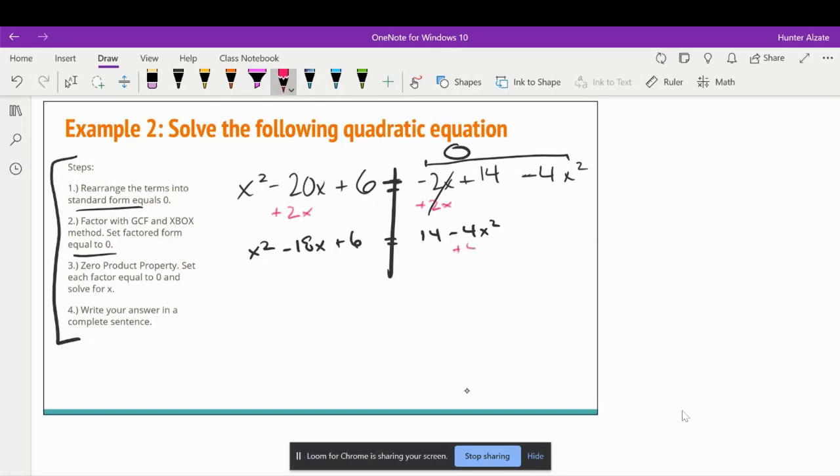Get rid of this 4x squared. So then I have 5x squared minus 18x plus 6 equals 14. Minus 14, minus 14. 5x squared minus 18x minus 6. Oh, sorry, minus 8.